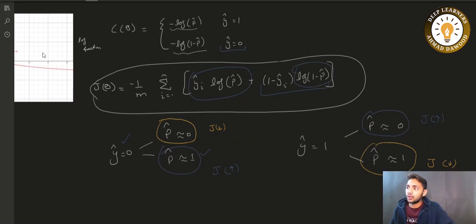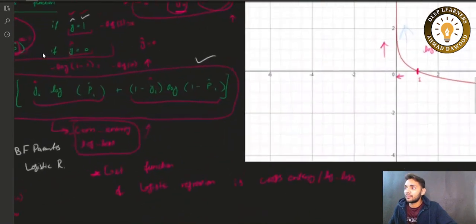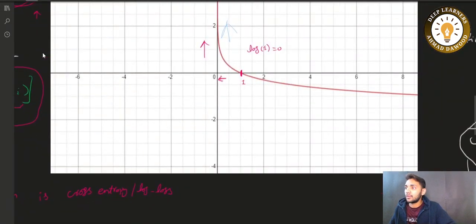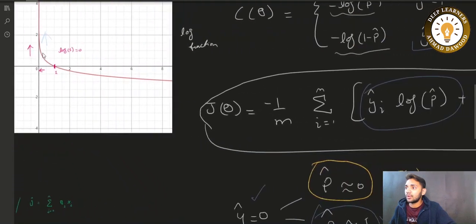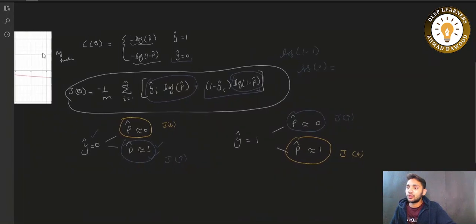Now here log of 1 minus 1, in that case it will be log of 0, which will be very high. I hope you got an idea about that.